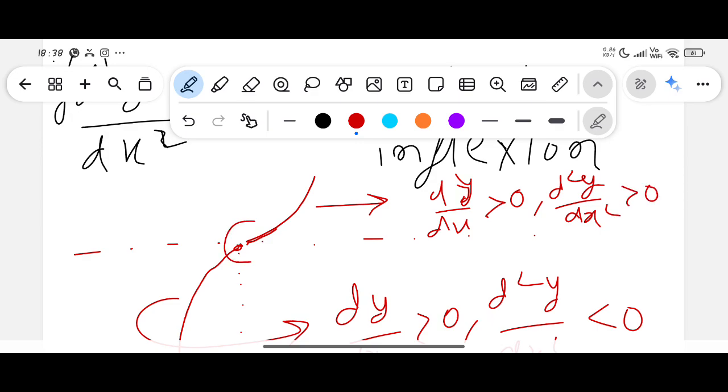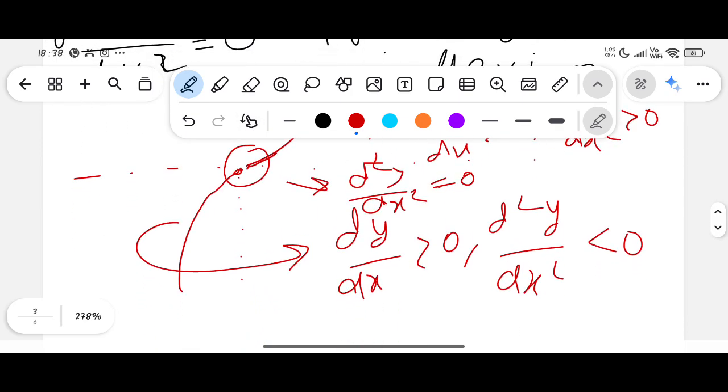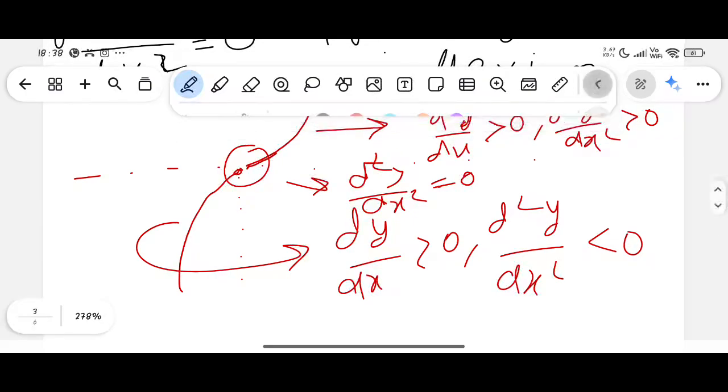This point will be the point of inflection, where d2y/dx2 equals 0. Got it? So it is the point where the graph changes its curvature. Okay, I hope this is clear to you.